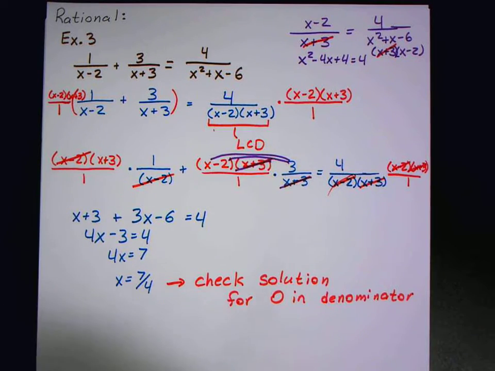Now this one didn't create a zero in the denominator, so I'm fine with it. But if I would have got x equals 2, then this problem would have been a no solution problem.